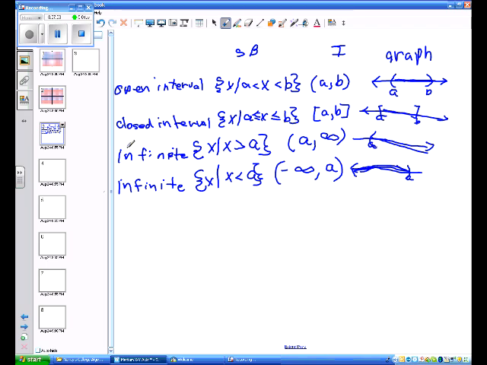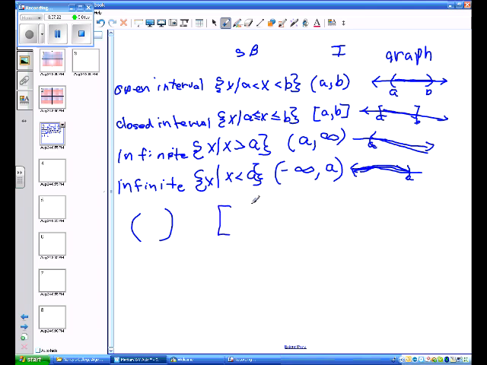So what we have is our open parentheses, those show that the endpoints are not included. Our square braces show that the endpoints are included. Now you can have what we call half open.